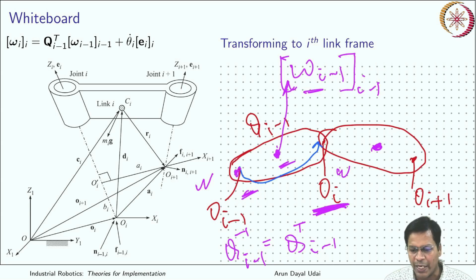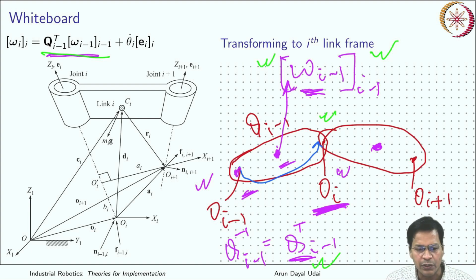So when you multiply Qi minus 1 transpose to omega i minus 1, you basically represent this omega in this frame. So now you know omega i minus 1 in this frame.